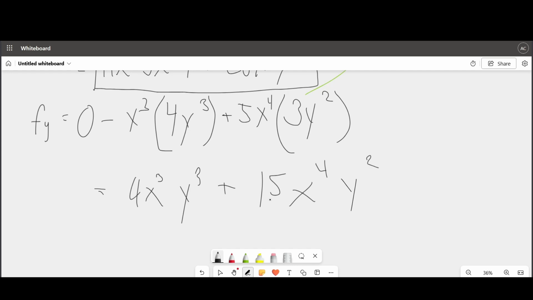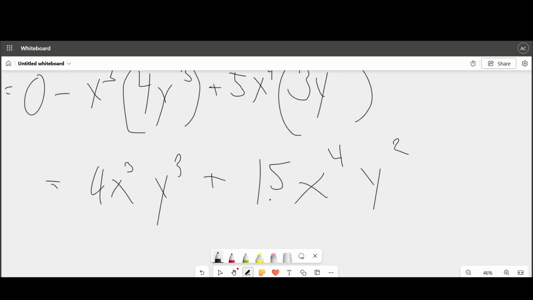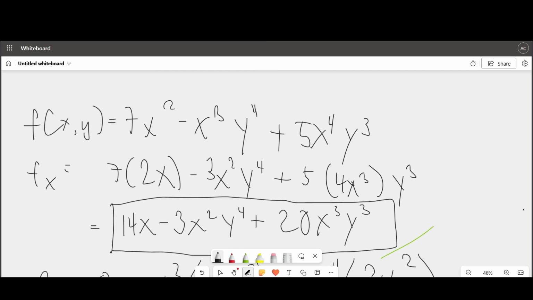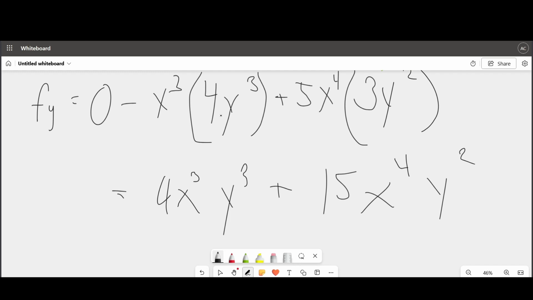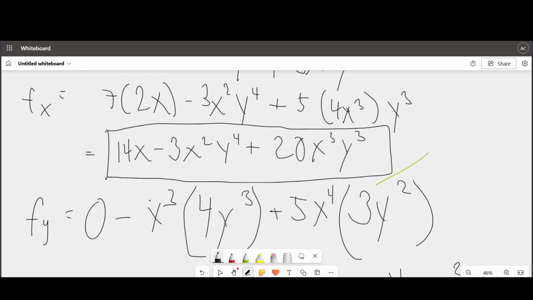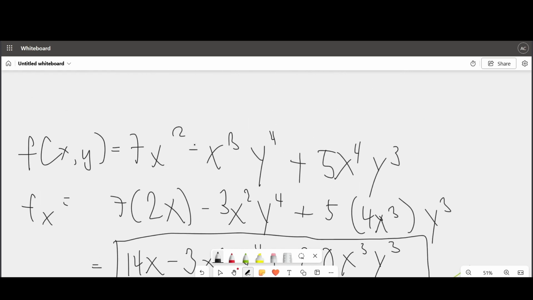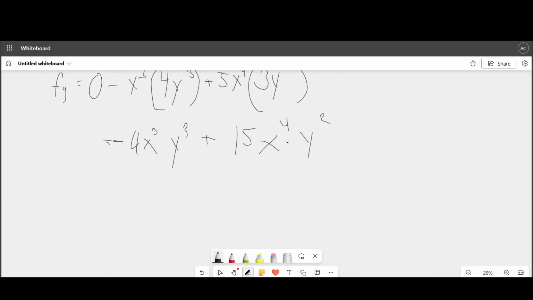Sorry about that. So 5 times 3 is 15x to the 4th, and then we got y squared. It's going to be the answer for this. I believe my answer is correct. Okay, I'm right. Why did I doubt my answer? I'm actually right.